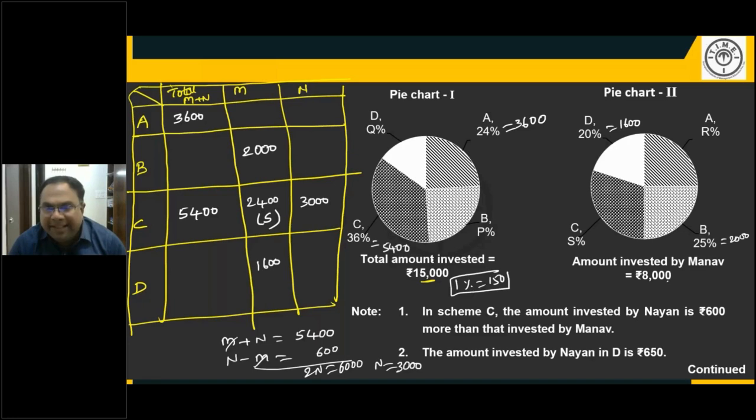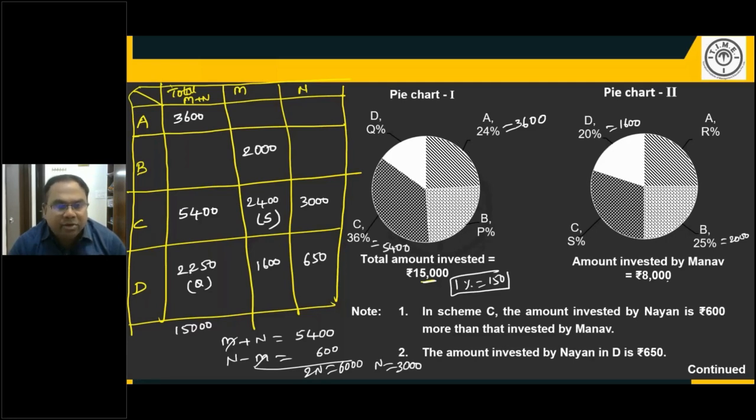Then amount invested by Nayan in D is 650. If this is 650, the total is 2250. It is Q percentage, I'm representing this by Q. What is the total investment here? 15,000. 5,400 and 3,600 make 9,000, so with 2250 it is 11,250.